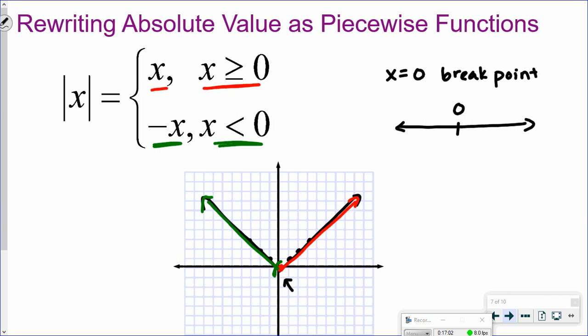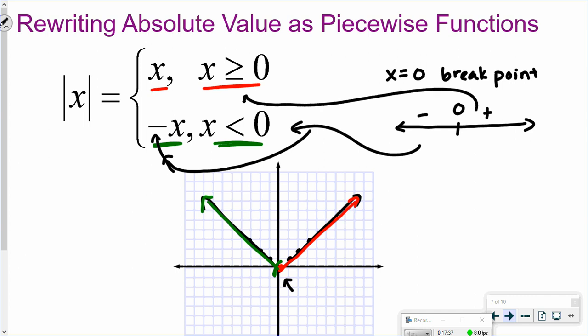If I plug in for x, anything left would be negative, anything right would be positive. So left of 0 has a negative slope, and anything right of 0, so that's greater than or equal to 0, has a positive slope.